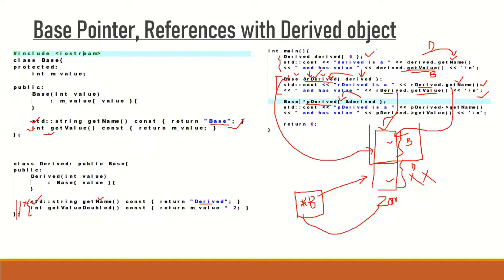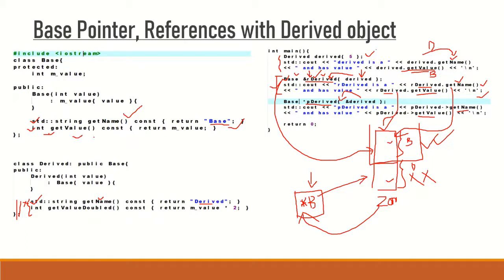This 2000 we are putting inside the base class pointer. It remains the same as we discussed for the reference. A base class pointer can again only access the base part of the derived object. So getName will be called from the base part and getValue is again going to be accessed from the base part of the derived class.